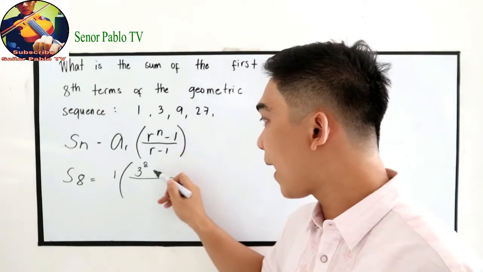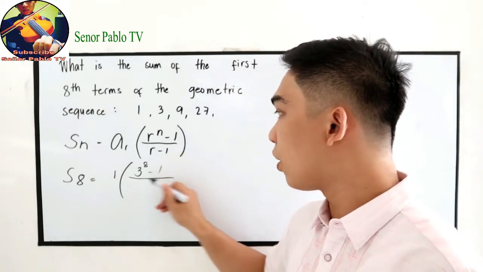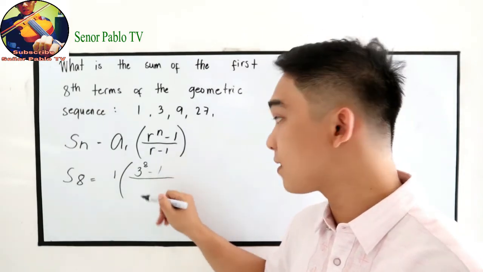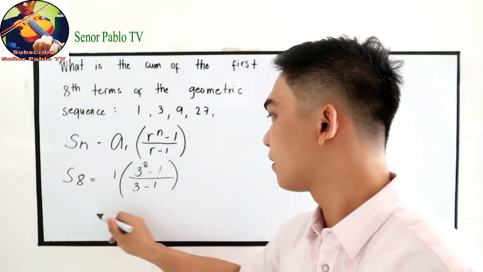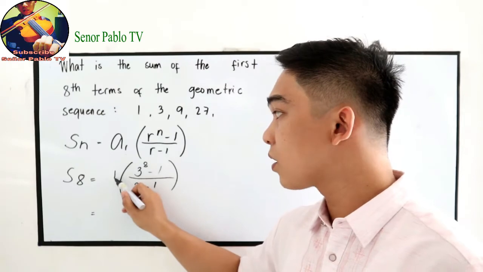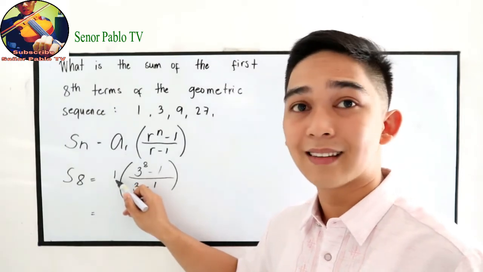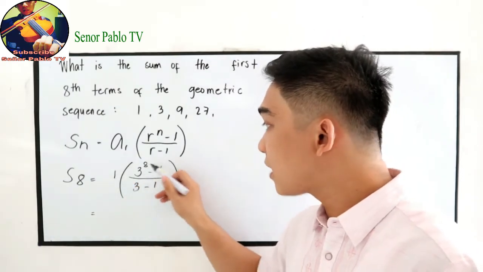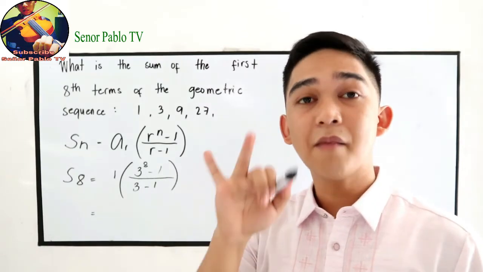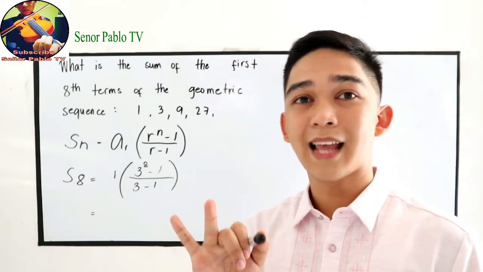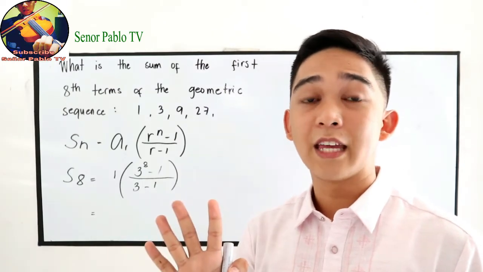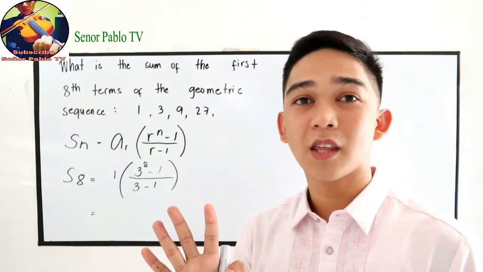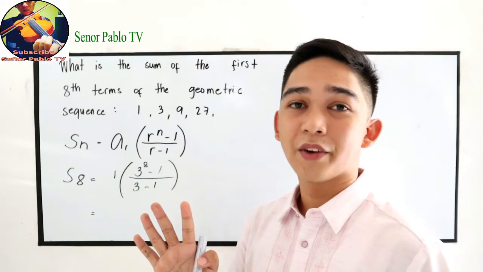Then minus 1 all over, R natin is 3 minus 1. So since 1 naman ito, pwede natin siyang tanggalin. 3 raised to 8. 3 times 3, 9 times 3, 27 times 3, 81. 81 times 3, 243.